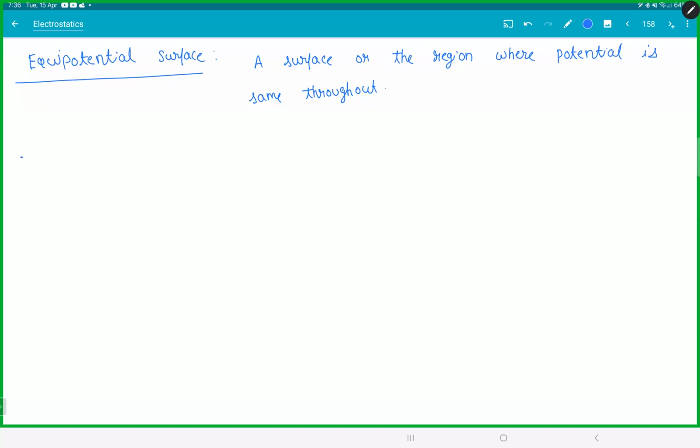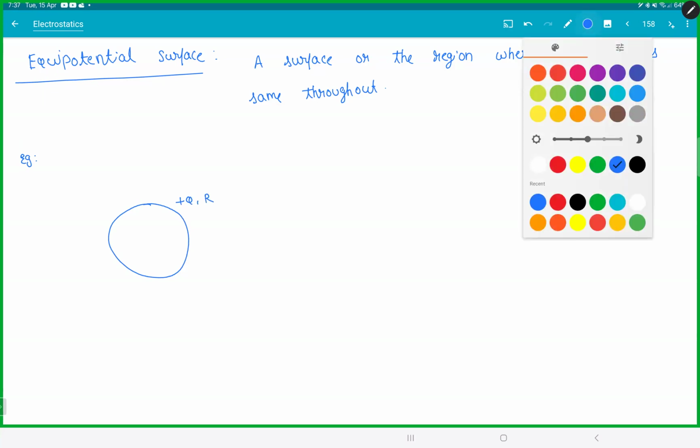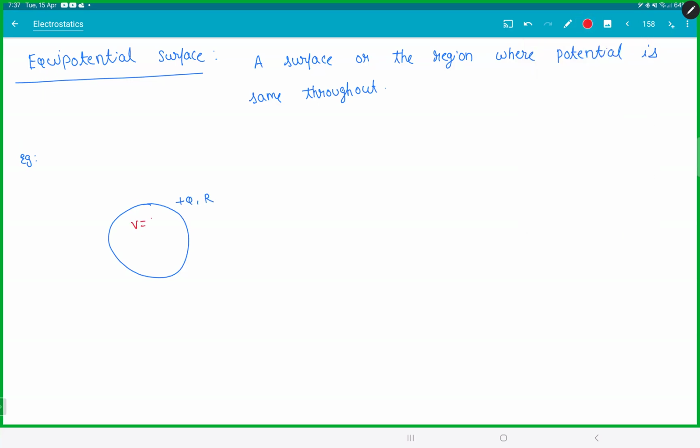Right? So if I take an example of this, let's say a hollow shell, plus Q and radius R. If you look at inside, the potential is constant, kQ/R. This is an equipotential region.